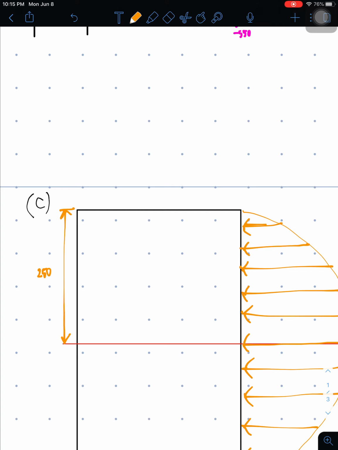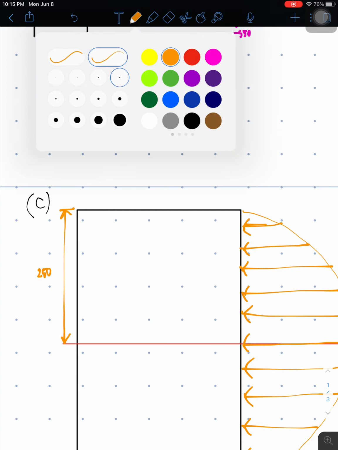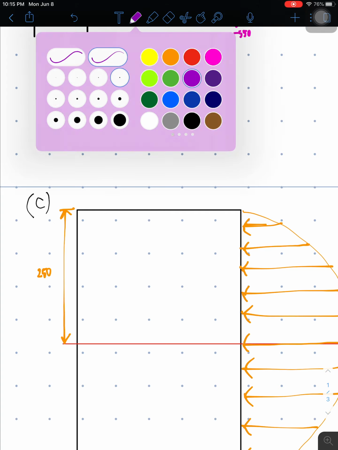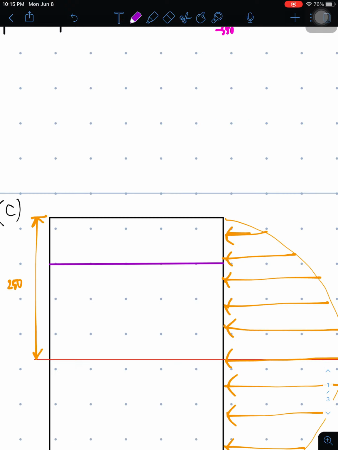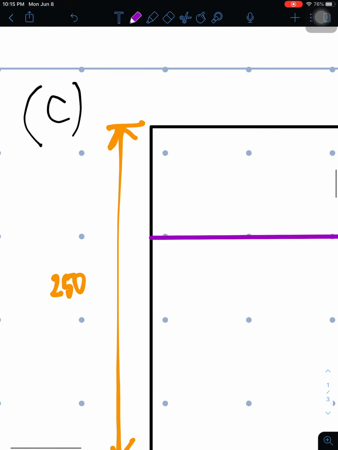So let's just estimate where 40 millimeters is. So maybe 40 millimeters is here. So I'll just drop down a line here representing that this is 40 millimeters.